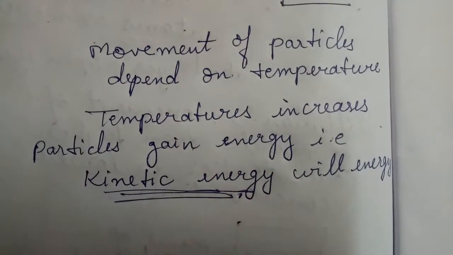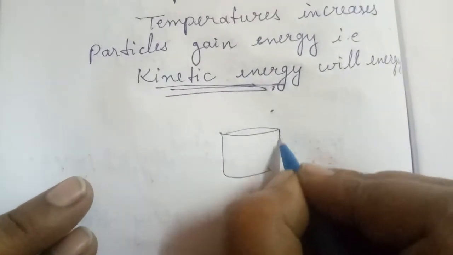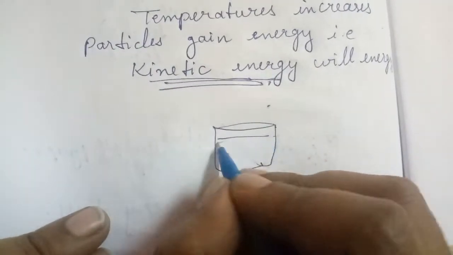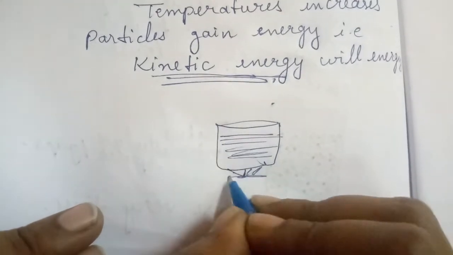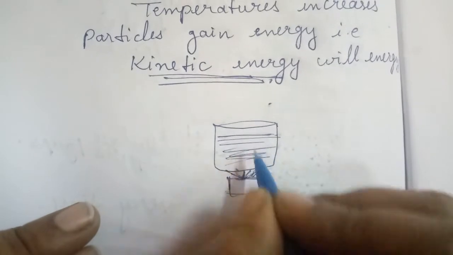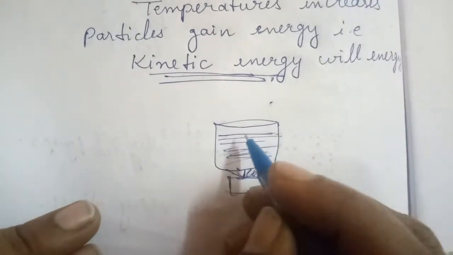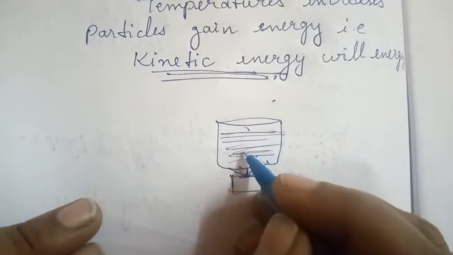A clear example: suppose you take water in a bowl. Daily we do this in our homes. You have to take a bowl full of water and heat it, boil it. So what you see is the water particles constantly moving inside.